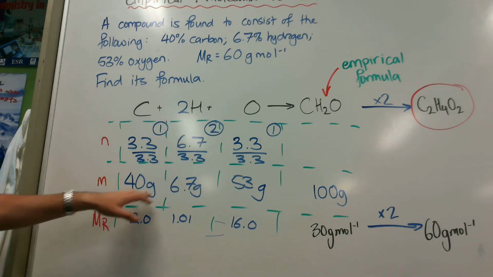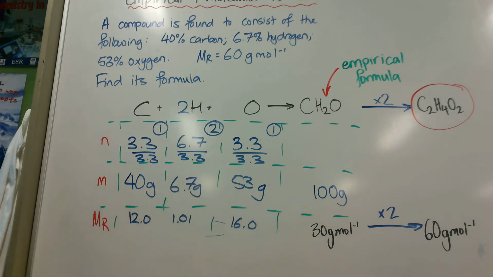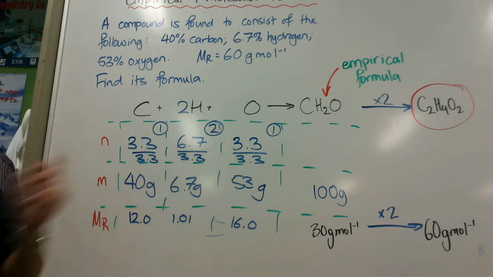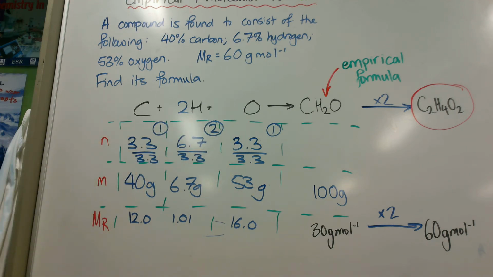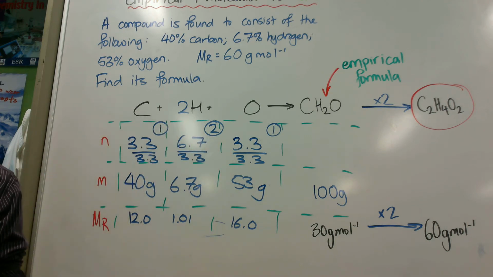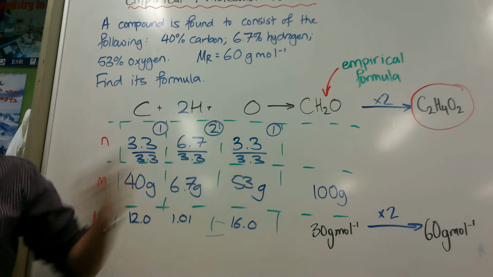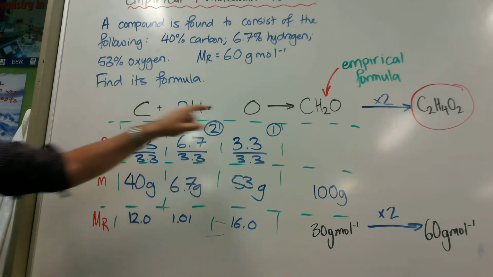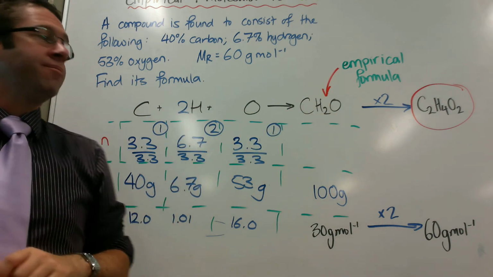So the percentages become masses instead. Because once I know the mass and the atomic masses of everything, I can find how many moles I've got in 100 grams. Once I know how many moles I've got, I divide by the smallest number, and they should come out as very close to whole numbers. That will give me my empirical formula.